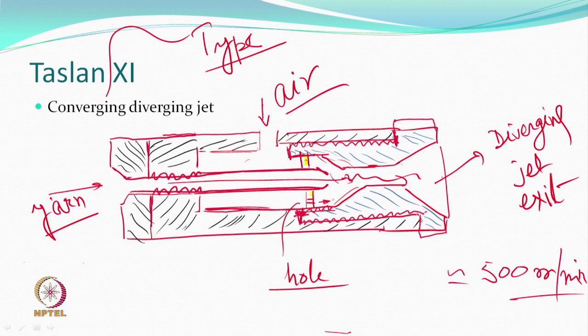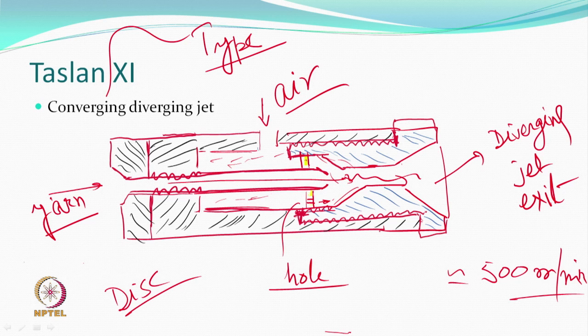But interestingly, they put another disc over the feed tube. The feed tube was going inside the disc, there was a hole, but the air first was collecting in a chamber like this, but was not going symmetrically and meeting the yarn. So, the asymmetry was created.